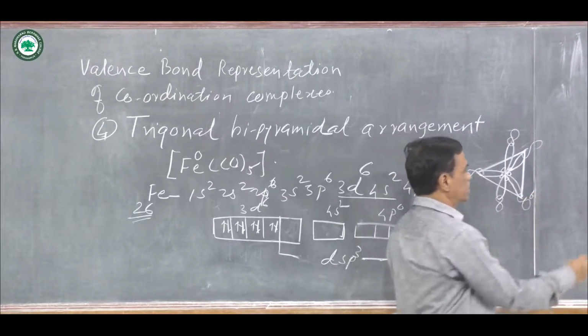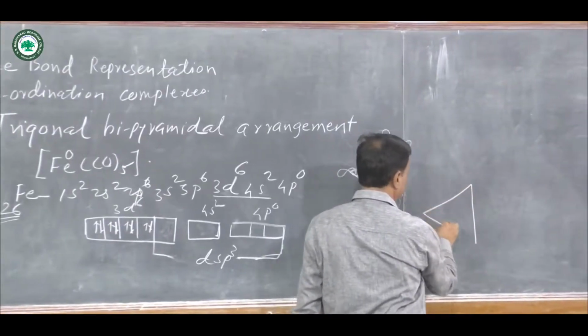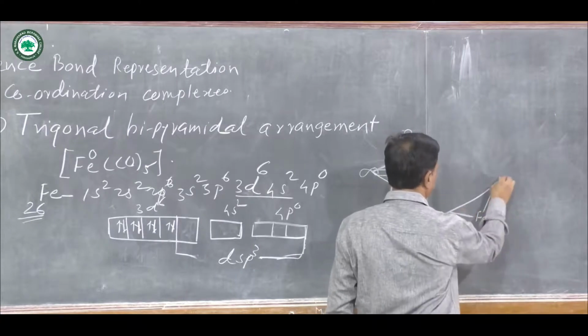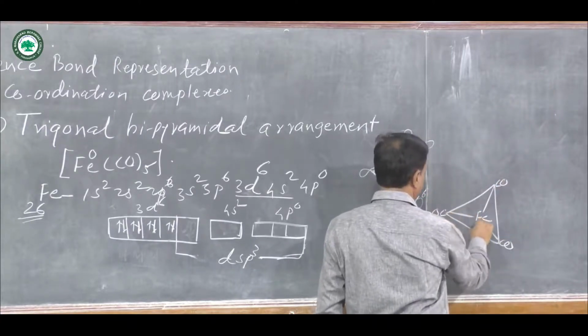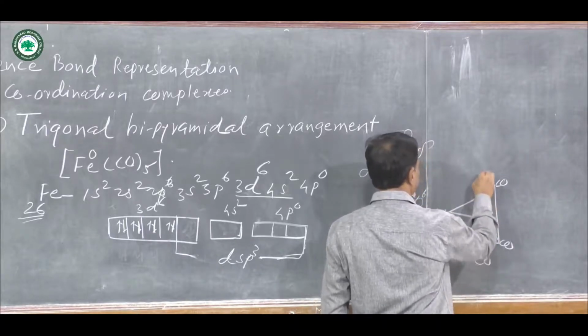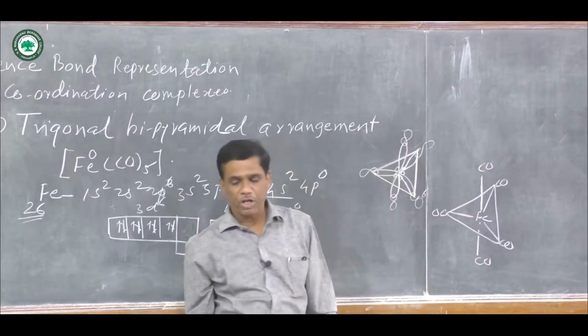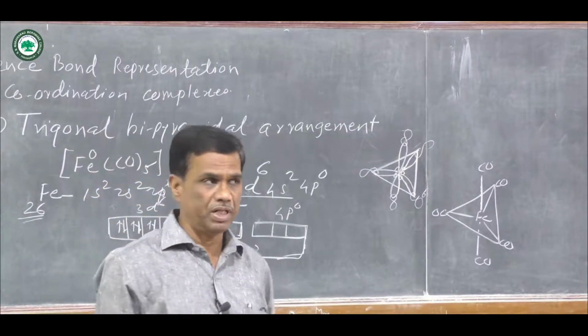And the structure of that is Fe with CO, CO, CO, then one ligand below and a second ligand above. The shape of the molecule is called the trigonal bipyramidal shape.